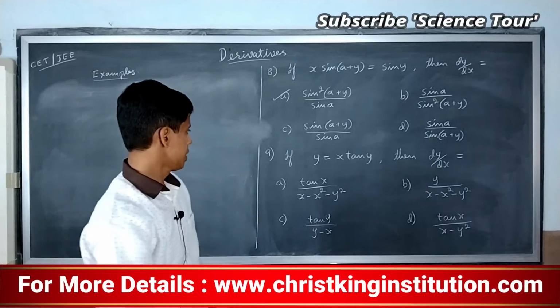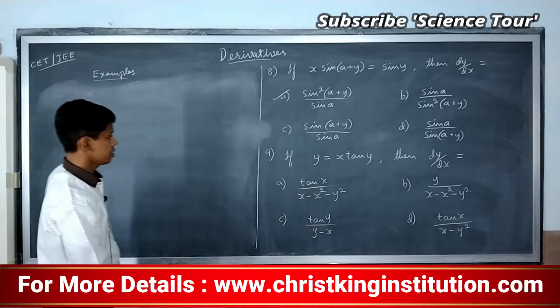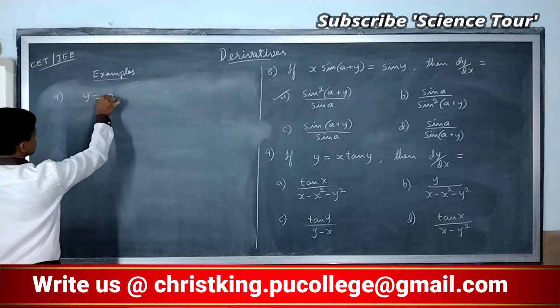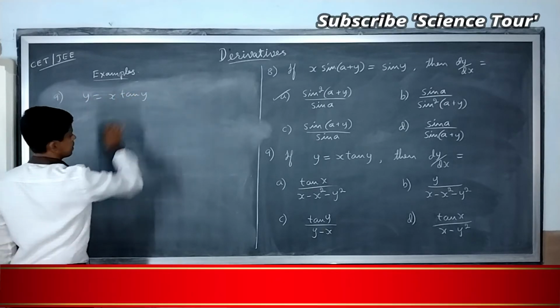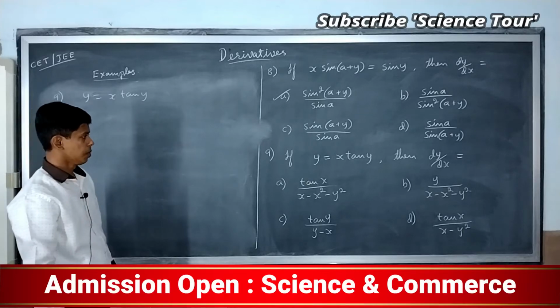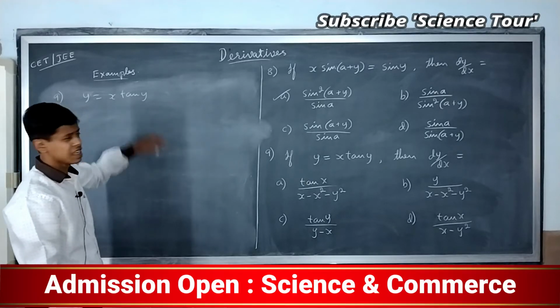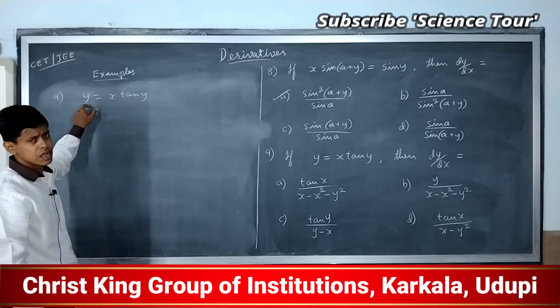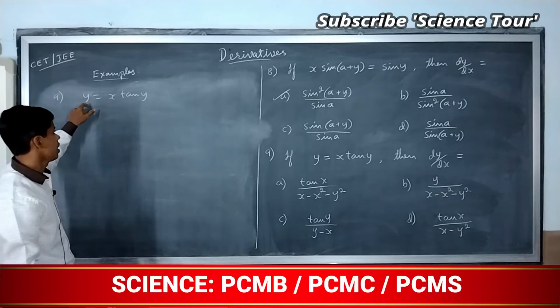Alright, so question number 9, if y is equal to x tan y, then dy by dx. So y is equal to x tan y. Here you can directly differentiate, or you can bring that tan y here and then you can differentiate that as well.